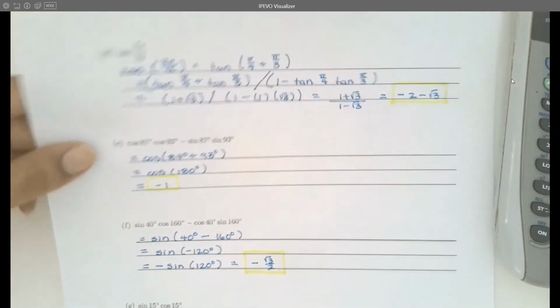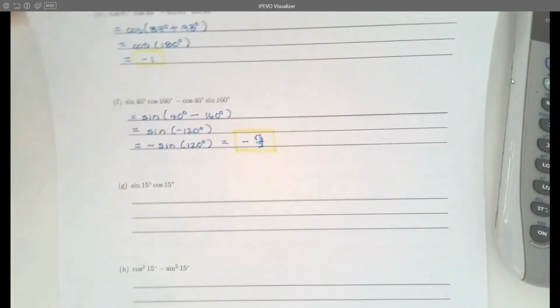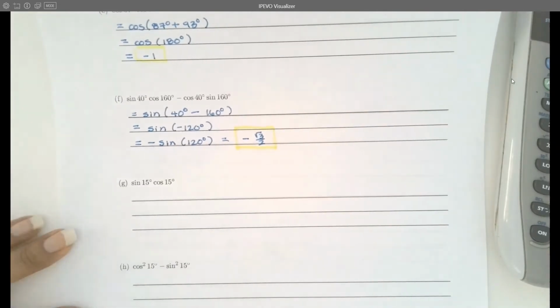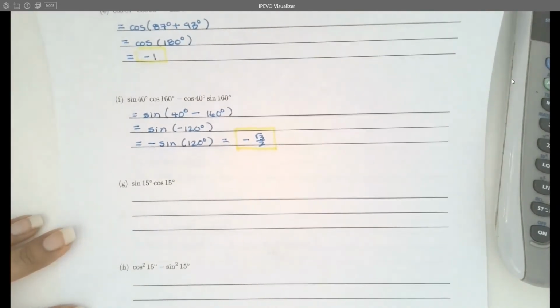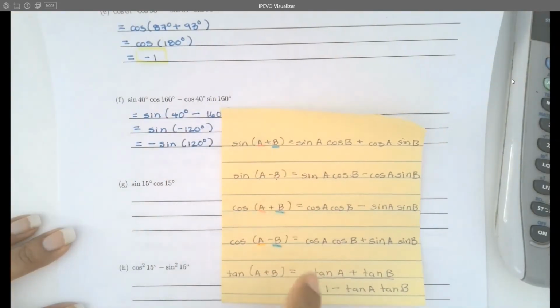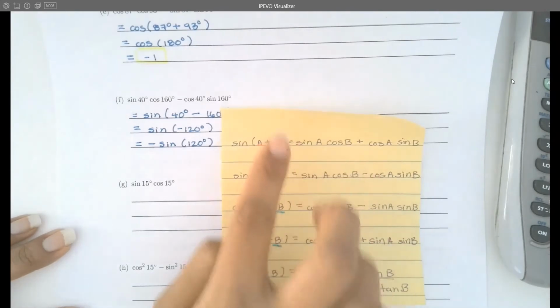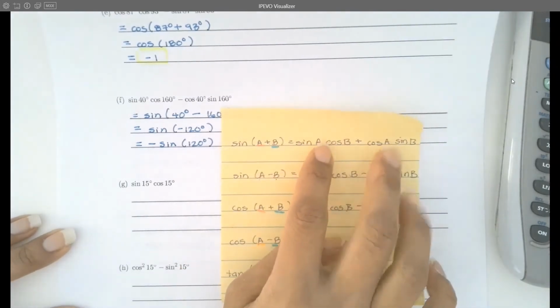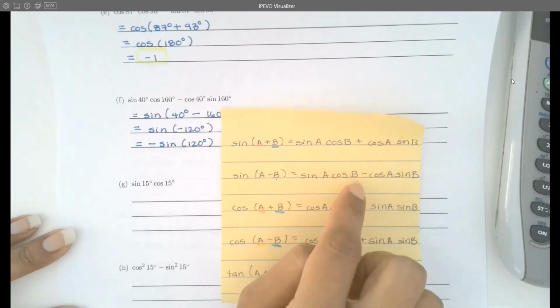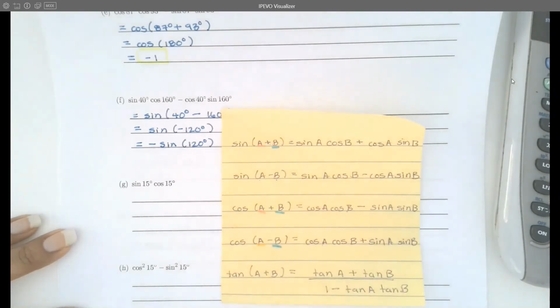Okay. The next problem reads sine of 15 degrees times cosine of 15 degrees. Now that doesn't look like any of these equations because all of these equations have two terms, right? They have the product of two trig functions plus or minus the product of two other trig functions.